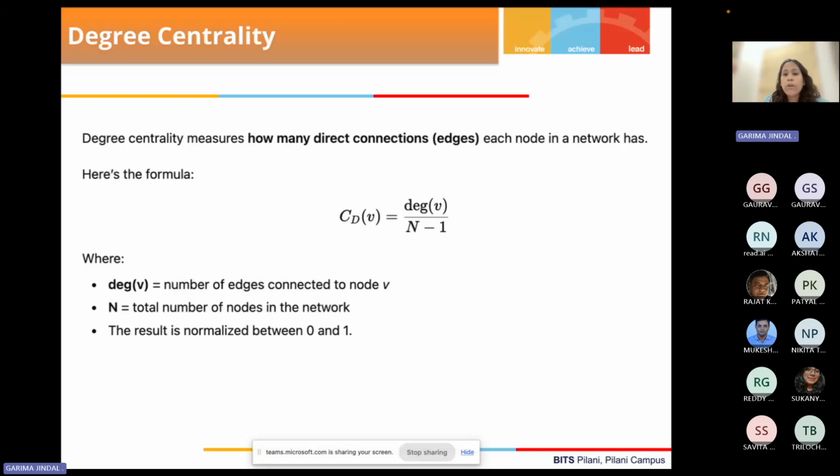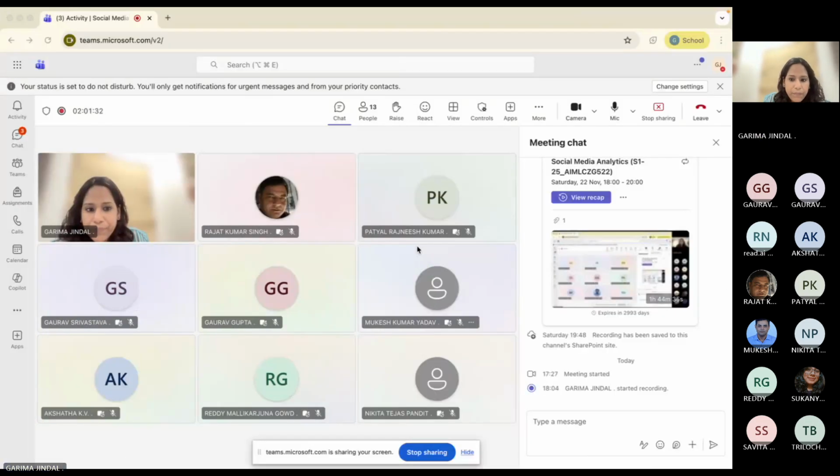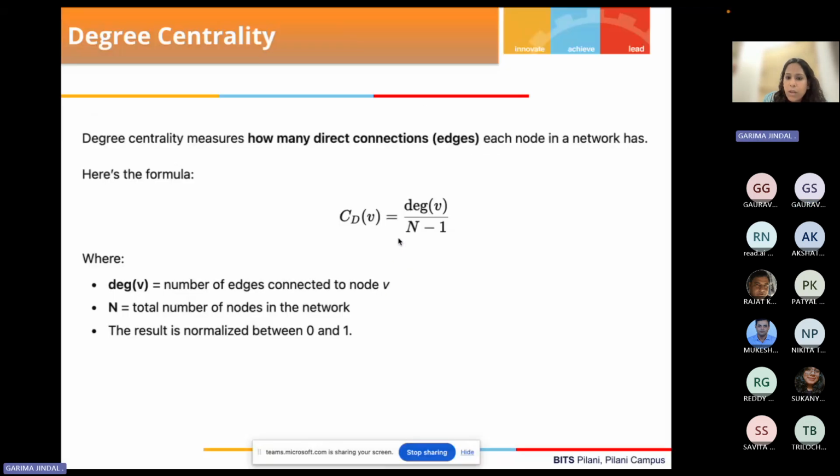Anyone? If I have a network of 5 nodes, what is the maximum degree? 4. Correct. The maximum degree will be n minus 1, because each node can be connected to all the other nodes. So this is the formula for calculating degree centrality.